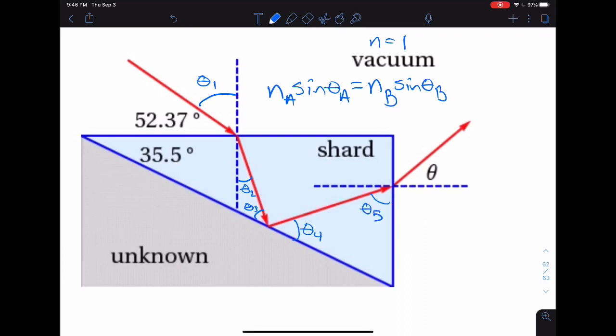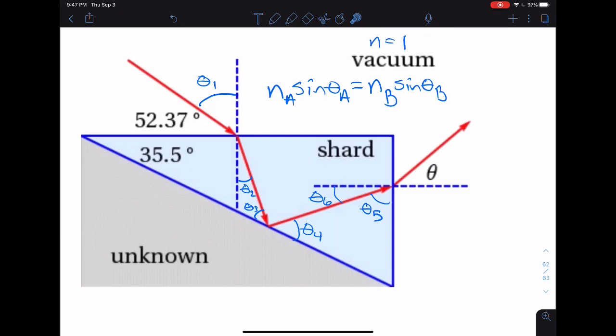And of course, you're going to need to know this angle as well. Again, I'll leave it up to you to figure out how to get this angle. But then once you know this one, guess what? It's easy to get this one. And then it's just the law of refraction. And this time I actually mean the law of refraction. So you've got to use the law of refraction here, the law of reflection here, and then the law of refraction again over here. So that's what you're going to have to do to figure out theta.